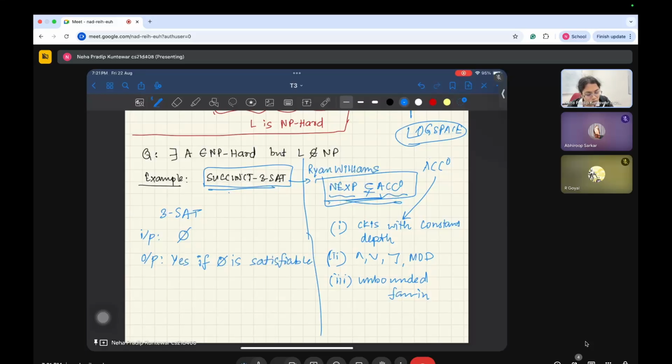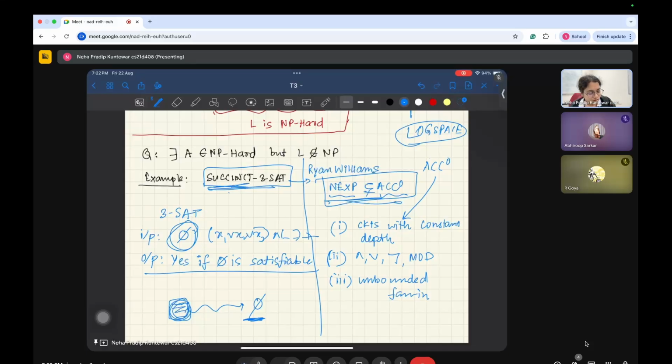Now what we are doing is, instead of giving the formula phi in this 3CNF form, x1 or x2 or say x3 bar and so on, instead of giving it explicitly as a formula, I'll give you some encoded form. So I'll give you a very small description of the formula. From that you're going to extract phi, but with respect to the size of phi, this is going to be very small. That's why it's called succinct 3-SAT.